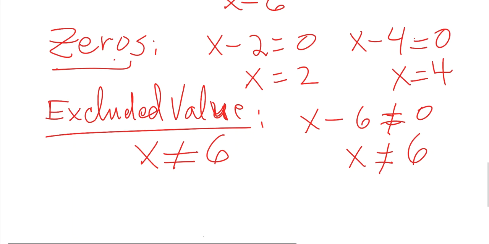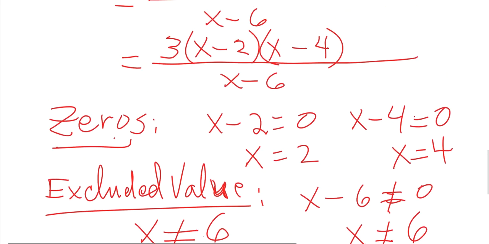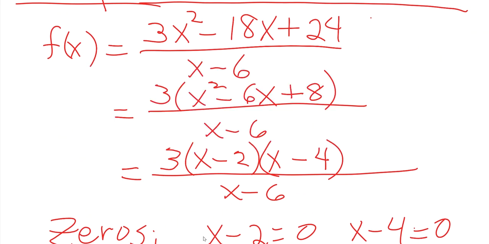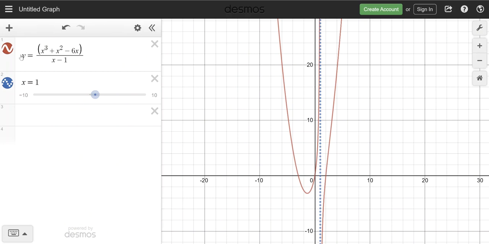Let's jump over to the graph and take a look at this expression. We're going to start with 3x squared minus 18x plus 24. We're going to divide all of that by x minus 6. So off to the graph we go. I need to clear this out of here. Actually, I'll just change it.